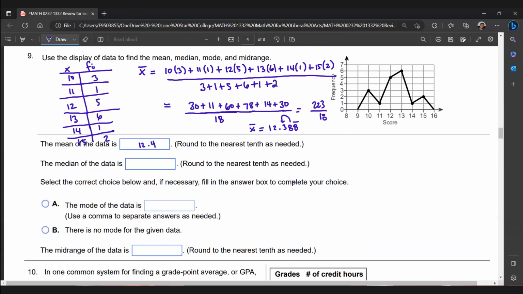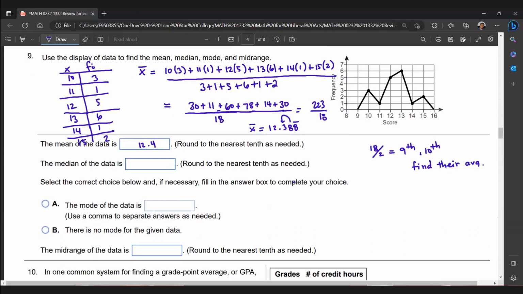Okay. To find the median, again, we find the data item that is right in the middle. There are 18 items. 18 items divided by 2 is 9. We need to look at the 9th and the 10th data item and find their average. In that case, we have, well, the first 3 will be 10s.